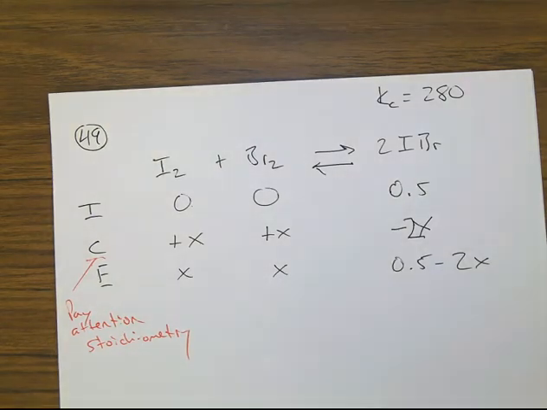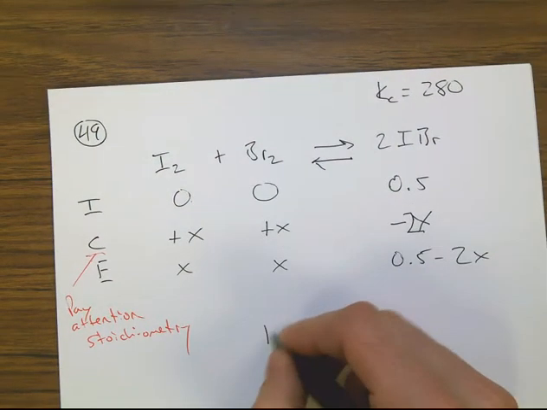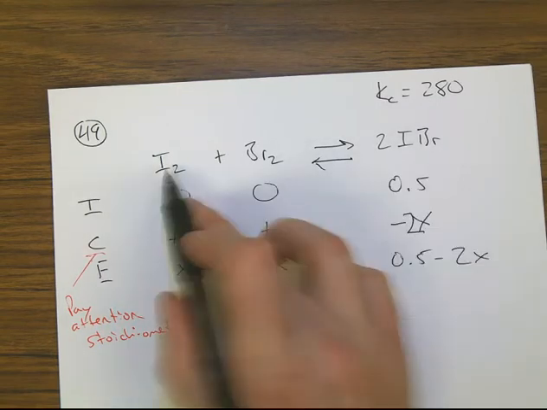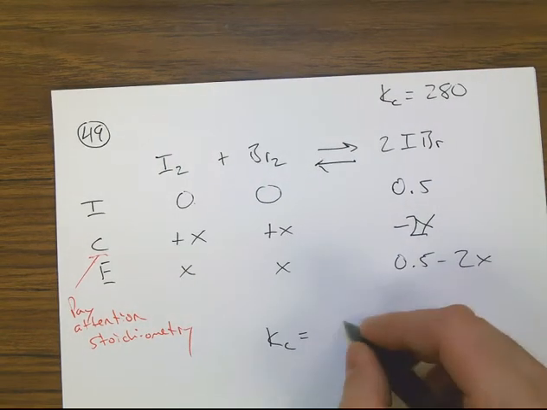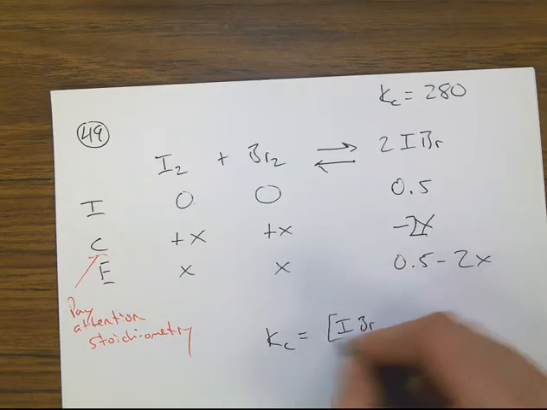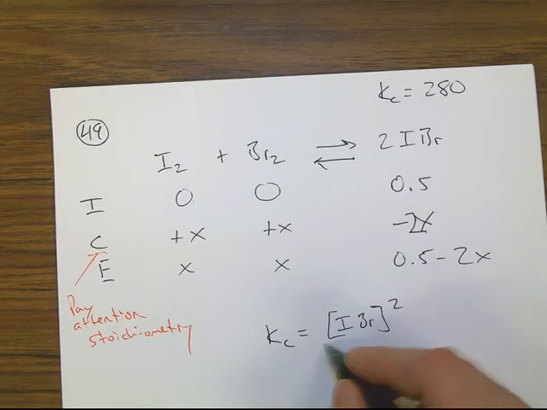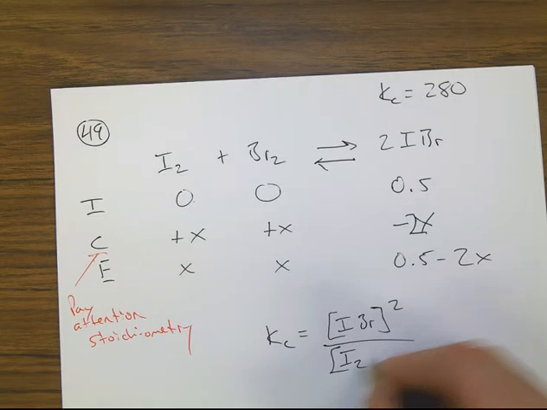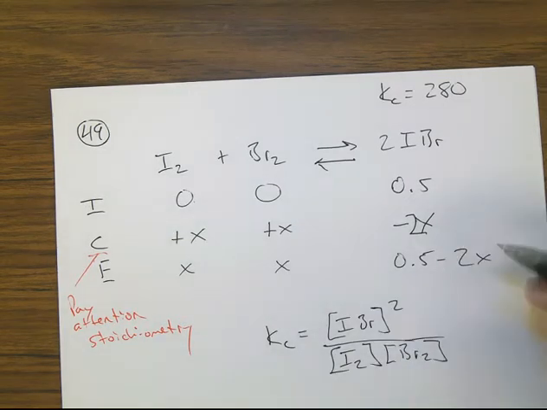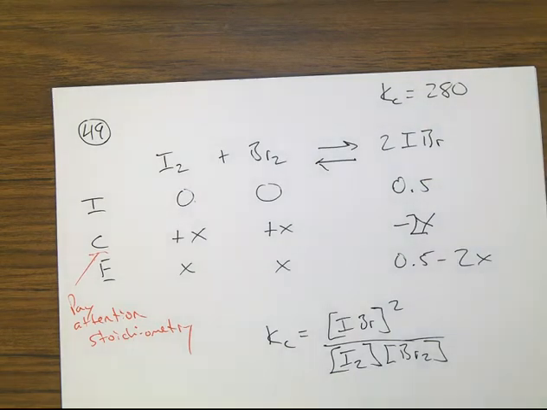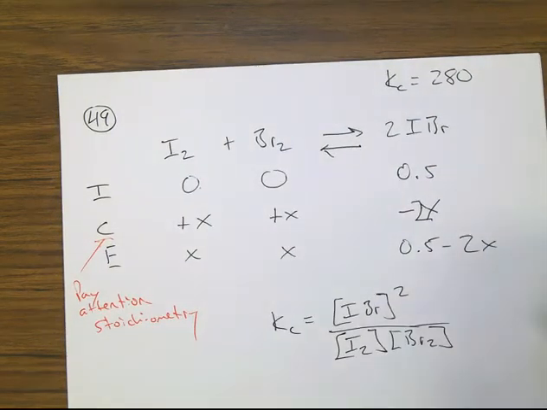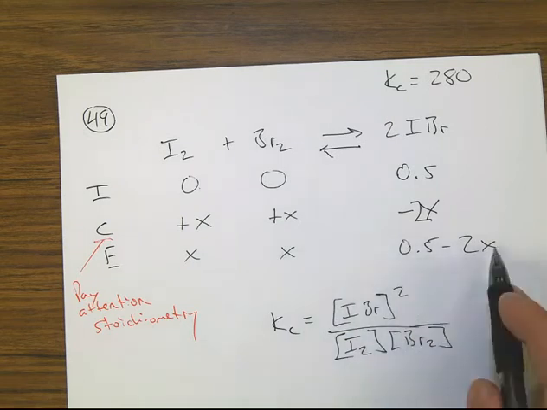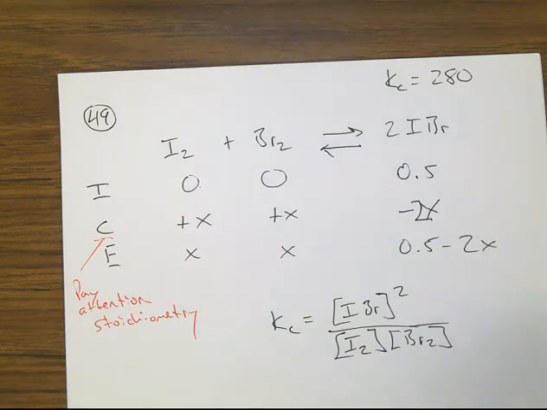All right, now I know my equilibrium constant. So let me write it out in terms of my reactants and products. It's IBr squared over iodine times bromine on the bottom. Remember, these powers are, of course, from the coefficients. Now I'm going to plug in x into the equilibrium constant.